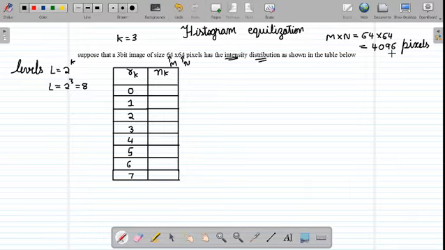Each pixel will be having some particular intensity. Now let us consider the distribution of these pixels.